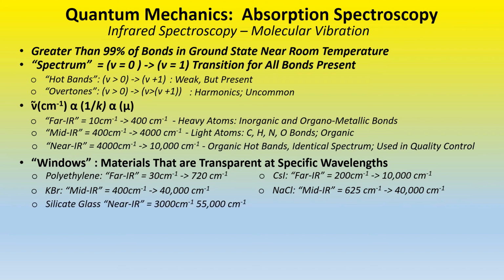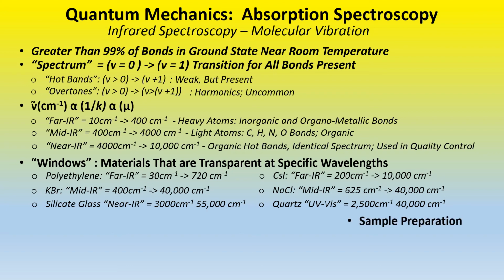For the near IR, you can use simple silicate glasses, which are clear from 3,000 to 55,000 reciprocal centimeters, or quartz, pure silicon dioxide, which is generally used for UV visible and fluorescent spectroscopy, from 2,500 to 40,000 reciprocal centimeters.